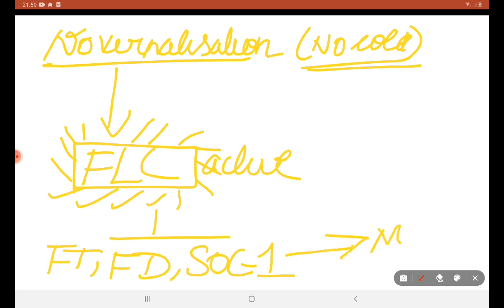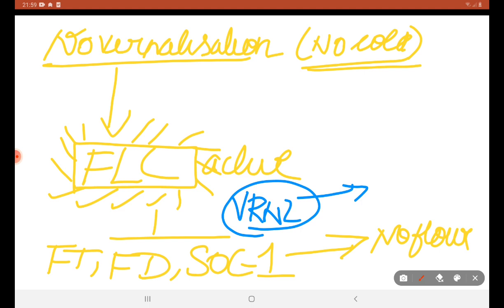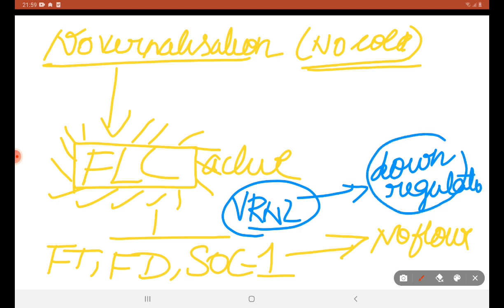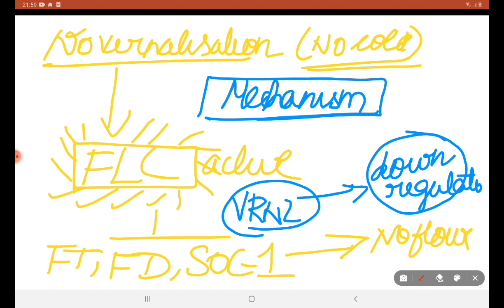So, no flowering. Here, VRN2 helps in downregulation. These are the basic mechanisms of vernalization in the absence of cold treatment and in the presence of cold treatment. How vernalization is switched off and switched on. These are the basic details.